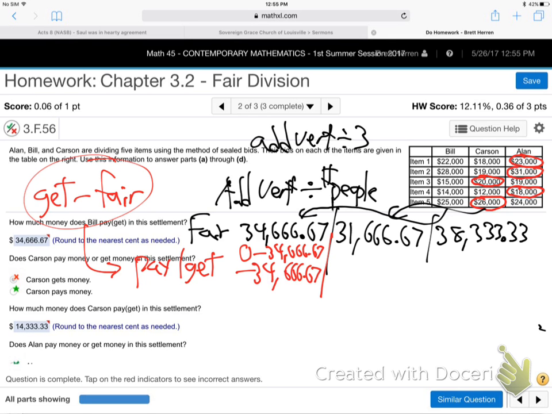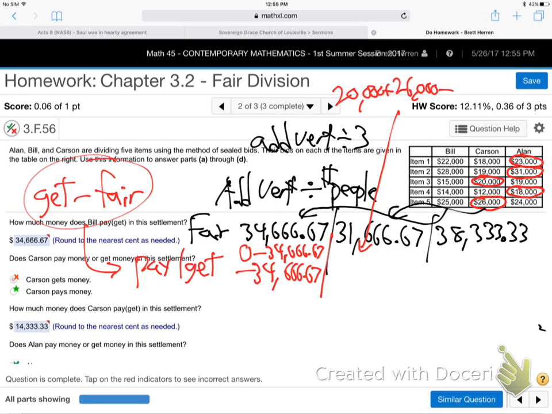So now coming to Carson, remember, this is all about reconciling what they thought was fair with what they were given. Bill was given nothing. Therefore, we owe him his whole fair share. That makes sense, doesn't it? Carson was given a couple of things, 20 and 26. Carson was given 20,000 and 26,000.